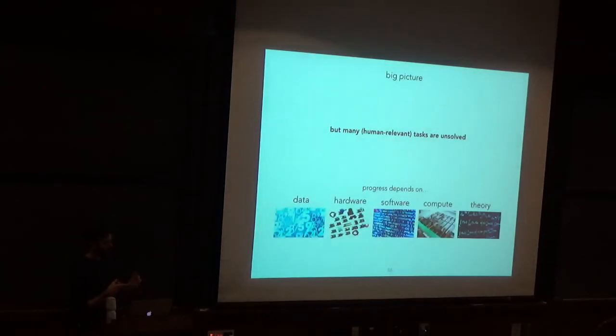And the algorithms themselves, the theory behind all of what I showed you, is just one component of what actually determines future progress. And if you ask anyone in machine learning right now why deep learning took off, they'll probably point to the data sets, the hardware, maybe the software and compute before the theory.